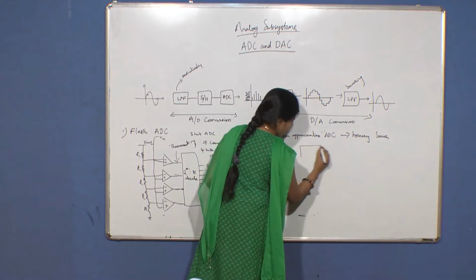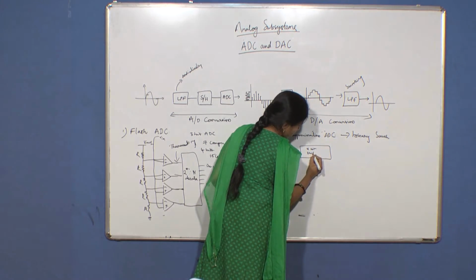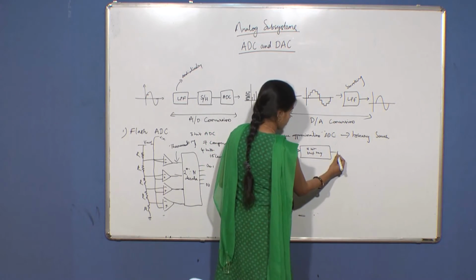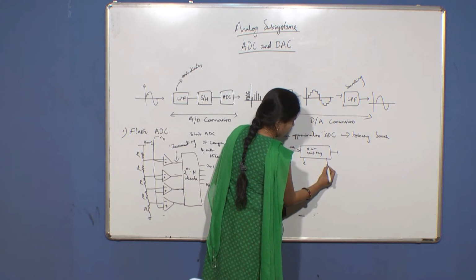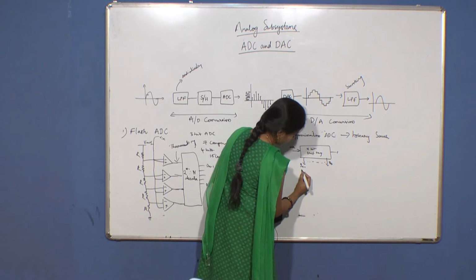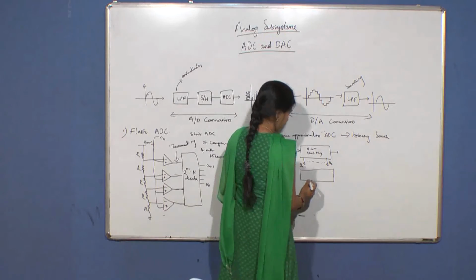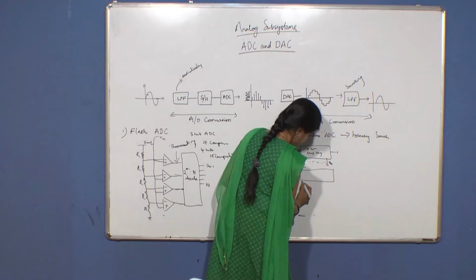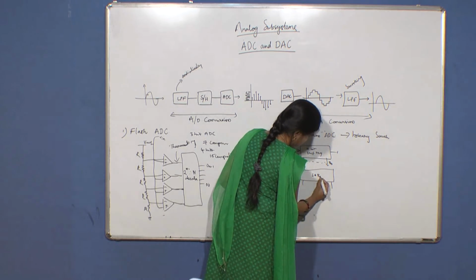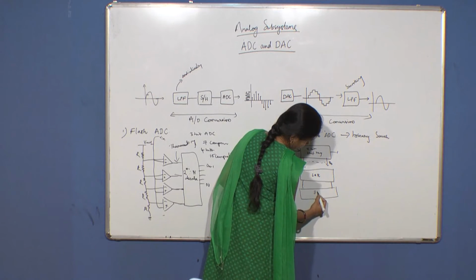So, you have an n bit shift register. You have a clock, let us say you have a binary search register output, then you have an SAR, then you have a DAC here.